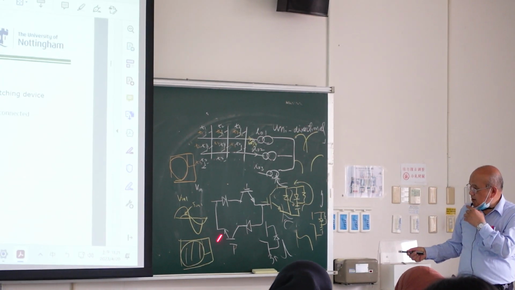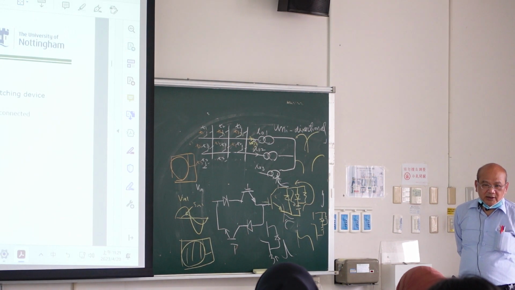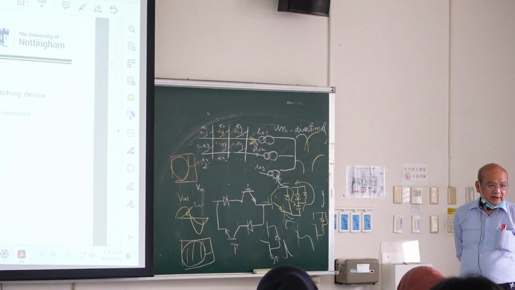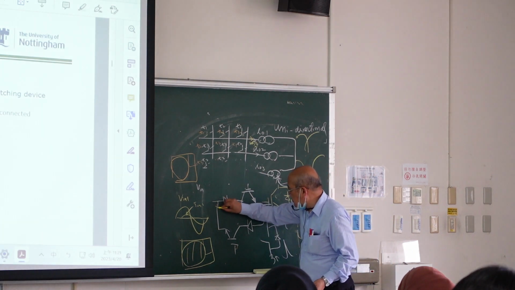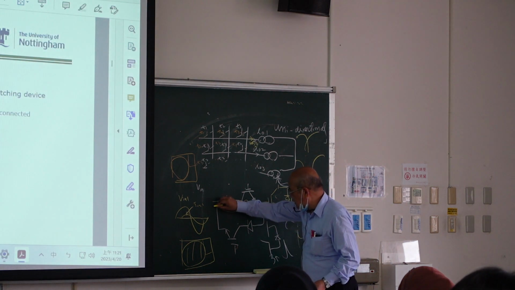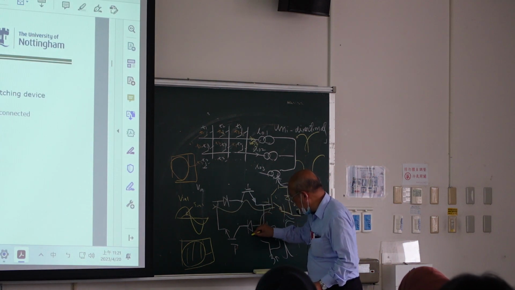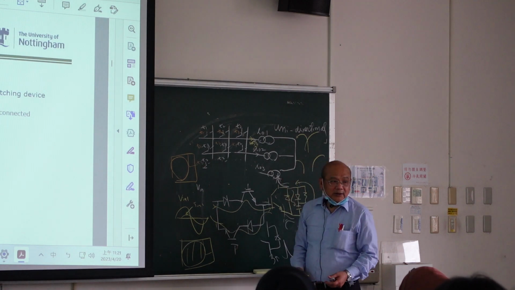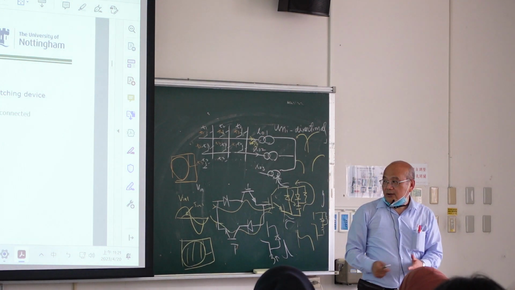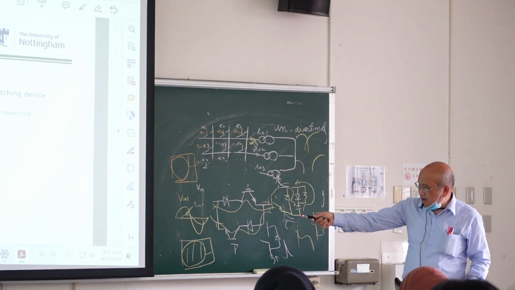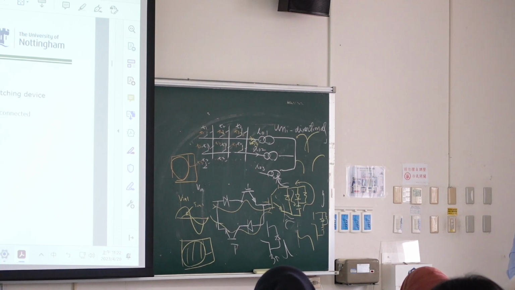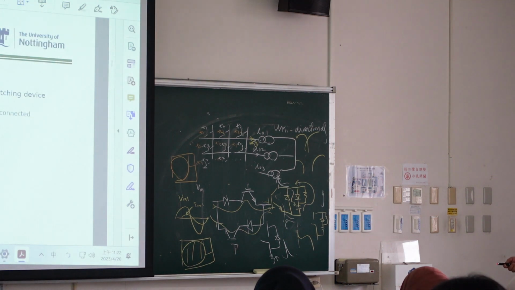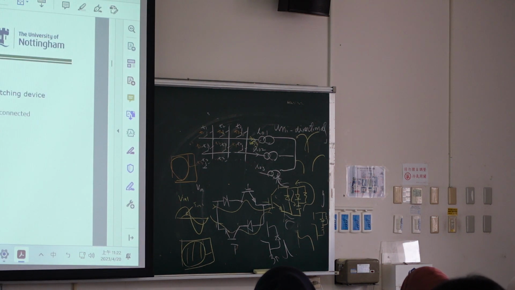We use this circuit to replace this one. Is it okay? So you can see, we can go this way, or we can go this way, right? It is okay, but why do we need this line? Any idea? Why do people design this line?